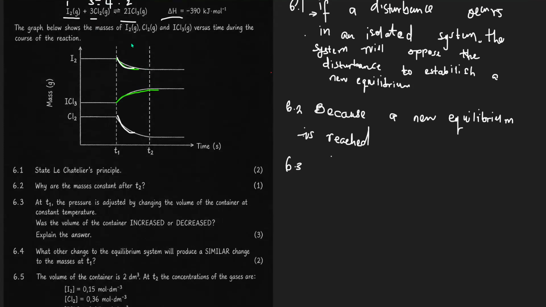The side which was favored was the forward reaction, with the least number of molecules. They ask whether the volume was decreased or increased. The volume here was actually decreased, so you need to choose decreased.